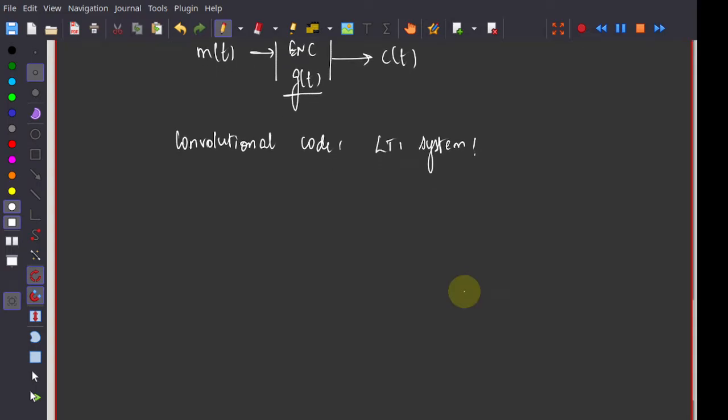Depending on the structure of the impulse response, these are categorized into various different forms.